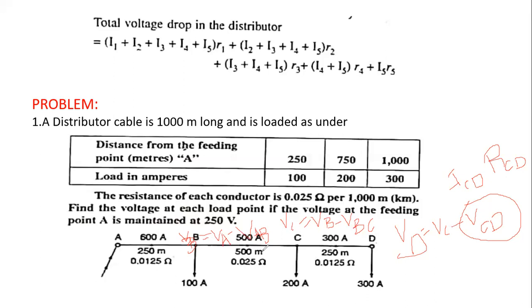Next, what is the voltage at a particular point B? VA minus VAB. Next, what is the voltage at a particular C point? VC is equal to VB minus VBC. Next, what is the voltage at a particular point D? VD equal to VC minus VCD.